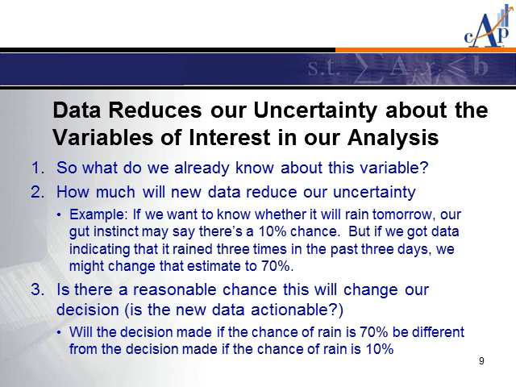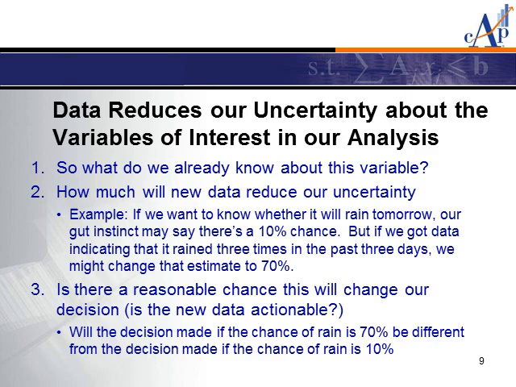Your willingness to change your number from 10% to 70% based on 3 observations tells me you're not very confident about your assessment. Whereas with a coin flip, if I told you that I flipped the coin 3 times in the past and got heads all 3 times, you would still think that the chance of heads is 50%. You would just say that my getting 3 heads was just luck.